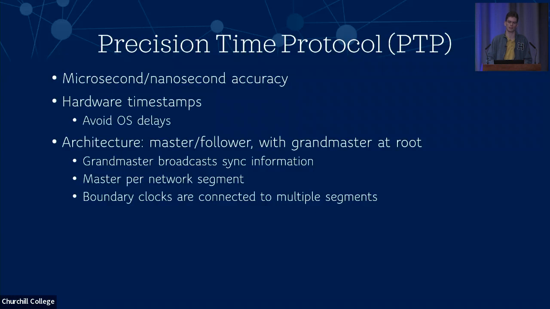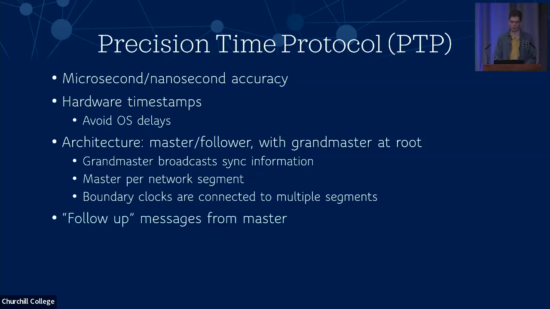And it also uses a slightly different architecture to NTP, where we have master nodes and all the other nodes being followers, and the master node will broadcast out the time information to all the followers, rather than in NTP, where the clients will poll the servers periodically at their own intervals. In this one, the master broadcasts to all the follower servers at the same time, and then there's a similar exchange of messages, like in NTP, to calculate the delay and the offset.